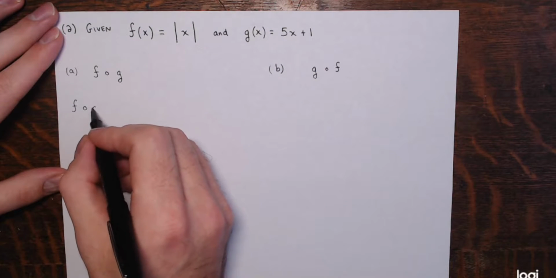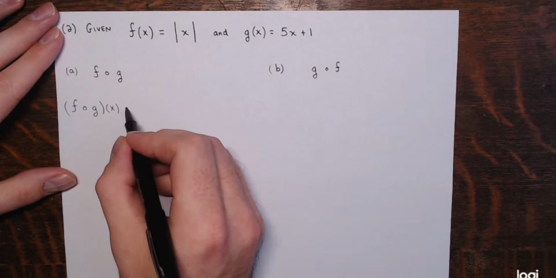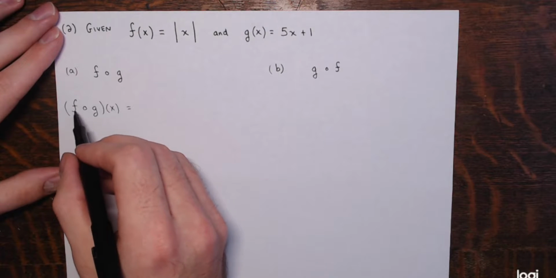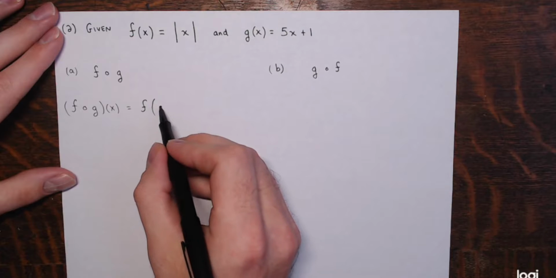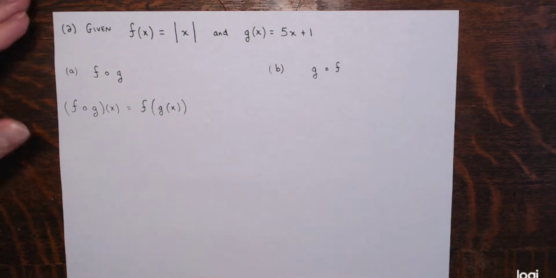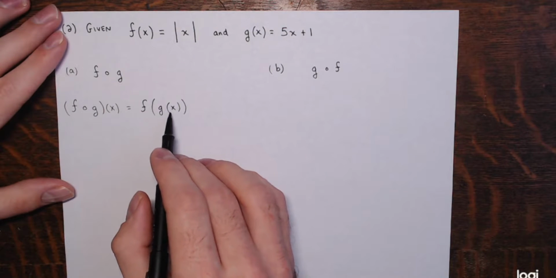What's f of g of x? And again, another way to write this is just with a bunch of parentheses, right? This is f of g of x, and then all those parentheses there. Okay, so first x goes into g.